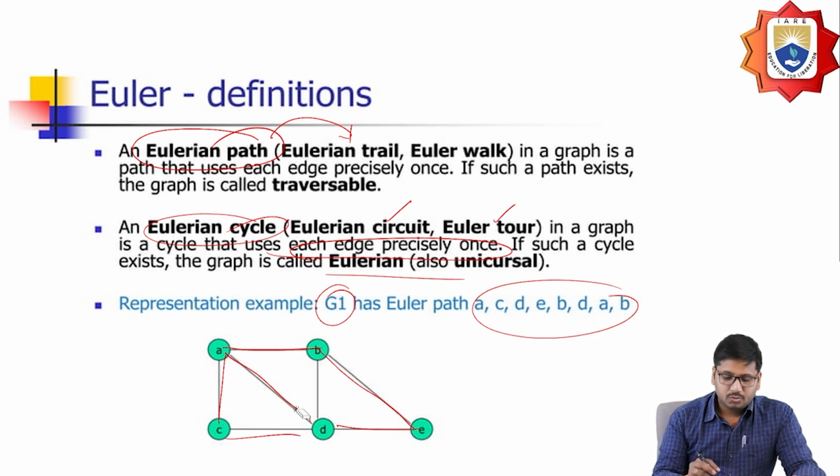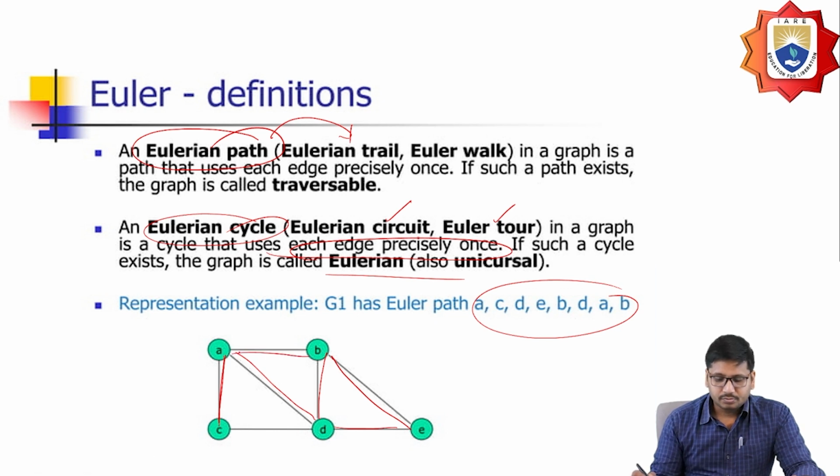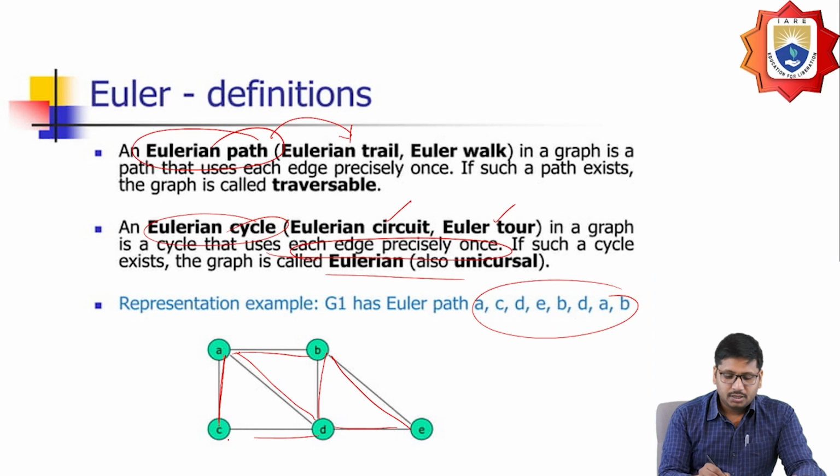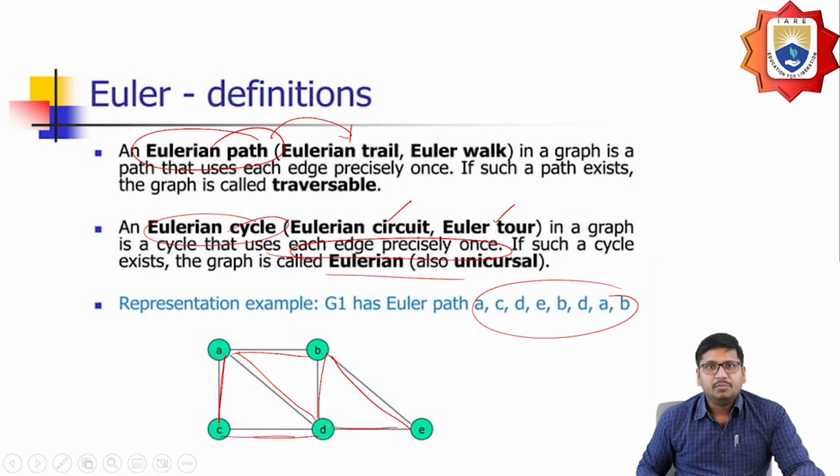In this one, how I'm going to present it is AC, then CD, then DE, then EB, BD, DA, and A to B. Like this, we can establish the Euler path.